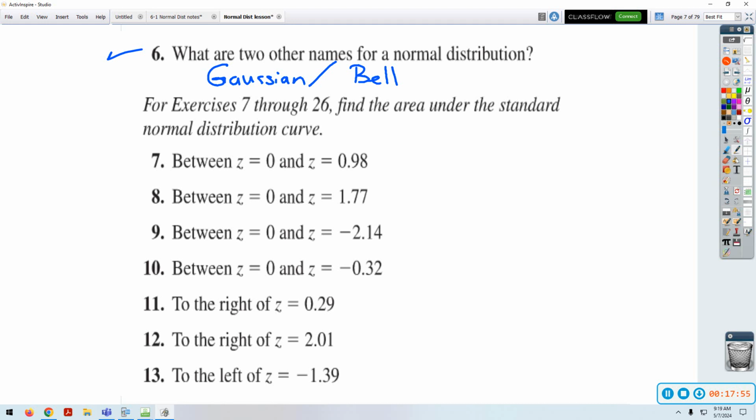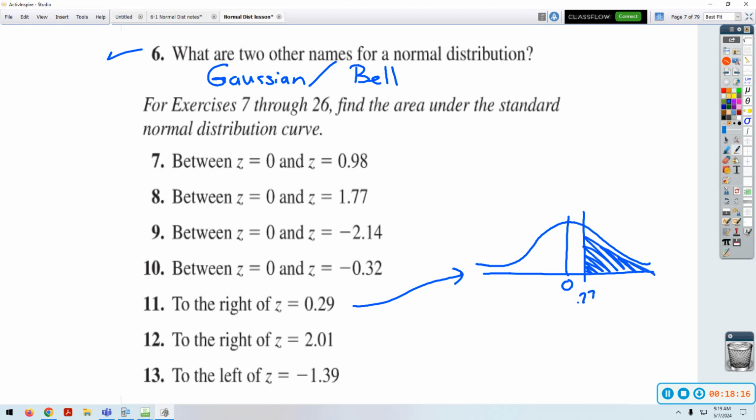Notice between 0 and 0.98, between 0 and 1.77, to the right of. Let's just be clear. If it says to the right of, here's 0, here's 0.29, to the right of would be all this.